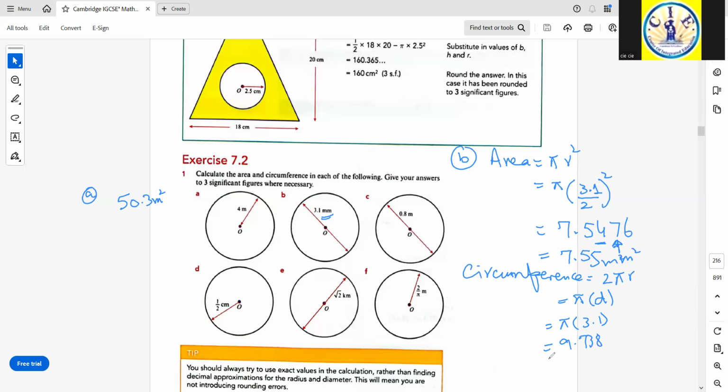Rounding it off to three significant figures, we should have 9.74. Since this digit is greater than 5, the previous digit, that is 3, would be rounded up. So 9.74 millimeters. That is the answer to the circumference of the circle given to three significant figures.